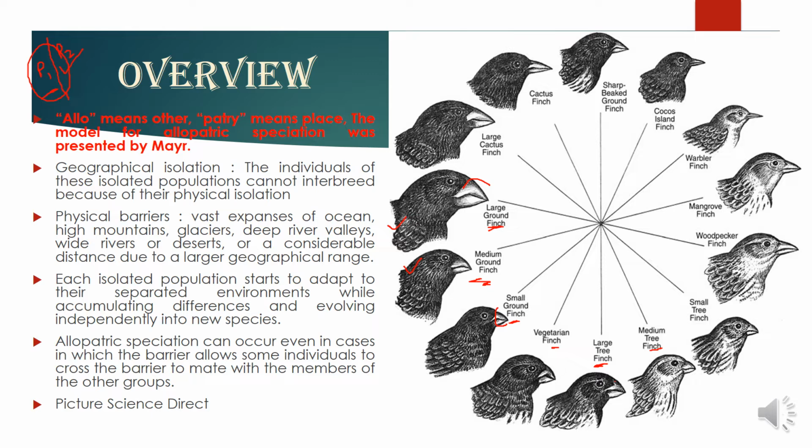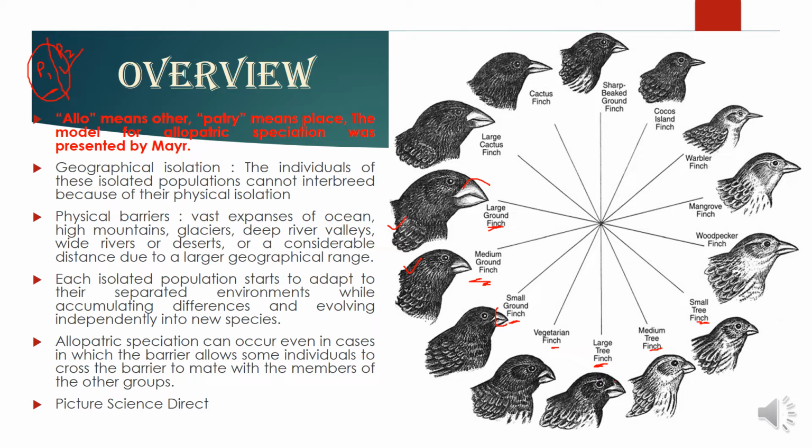So they are generalists, and they have a much less wide type of beak. But this small tree finch, they are feeding on insects as well as fruits also. And they are also generalists like the medium tree finch.